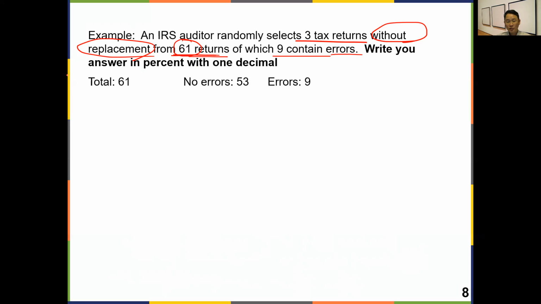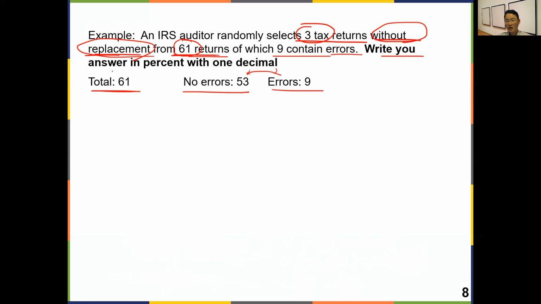So total 61. No error is 53, and the ones with an error is 9, right? It says 9. So altogether, when you add it, it's got to add up to 61. Now, how many are you picking? You are picking 3 this time, right? And it says without replacement.